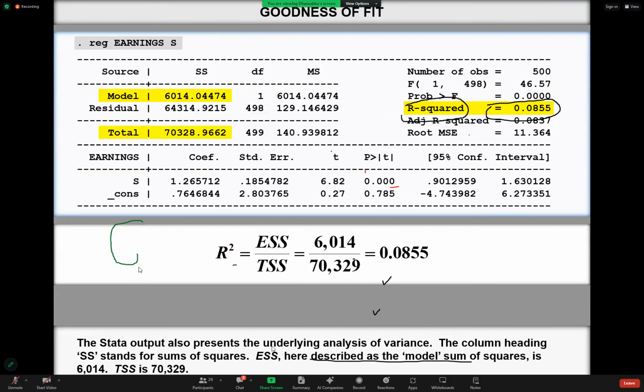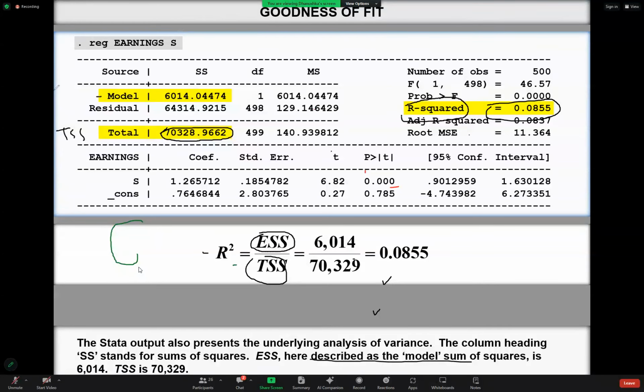You can see here. Now this shows actually how we get this value. We know R square is equal to explained sum of square divided by total sum of square. Now here this is the total sum of square TSS.